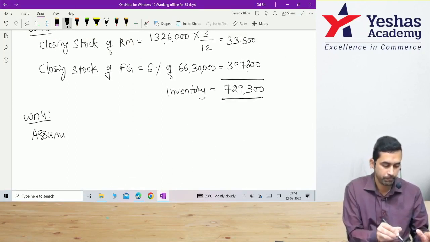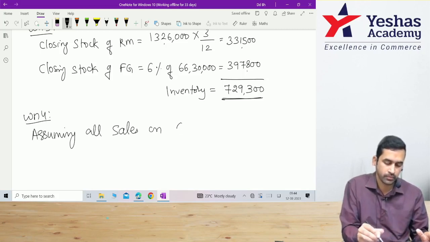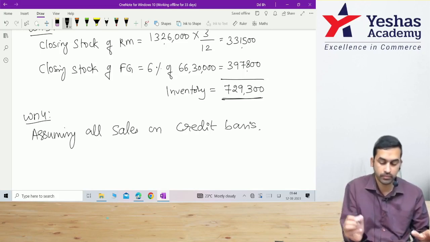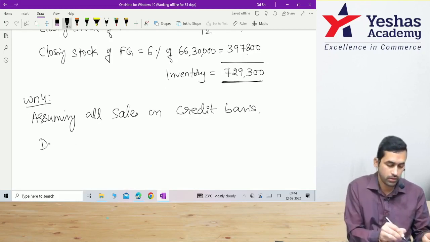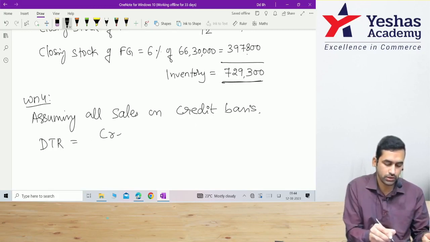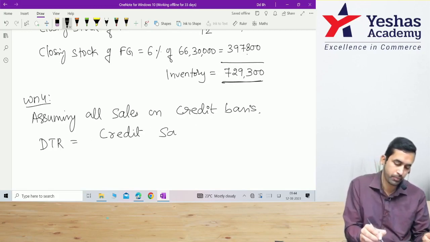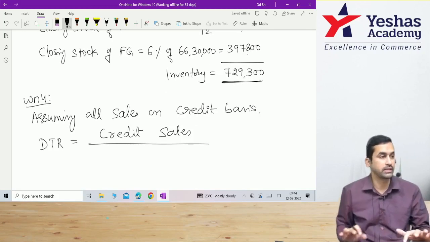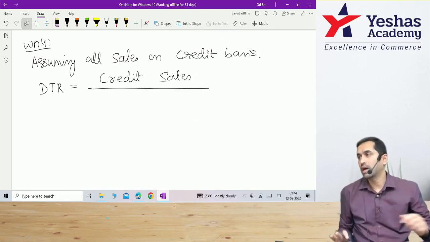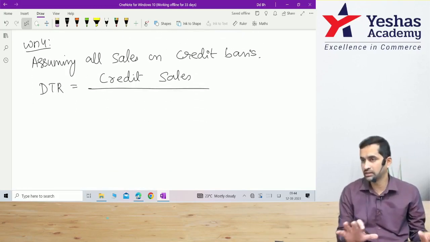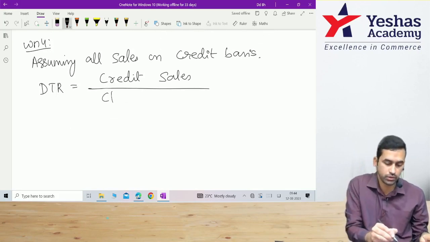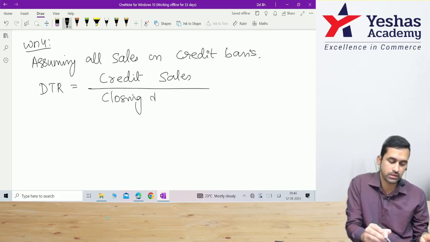Assuming all sales on credit basis, debtor turnover ratio is equal to credit sales by, we can't call it as average debtors, we don't have the information, so this should be closing debtors.